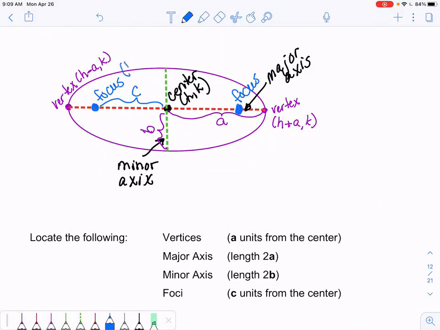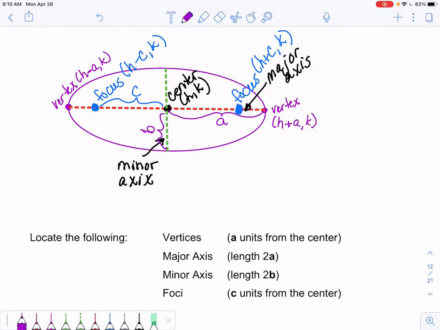The focus is found by subtracting c or adding c. And if this is left or right, we're adding it to the x value. So you're starting at the x value in the center, and then we're adding or subtracting from the center left or right, which is why x is changing, because it's a horizontal graph. My horizontal variable is x.